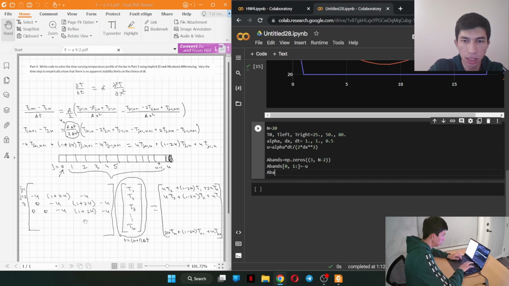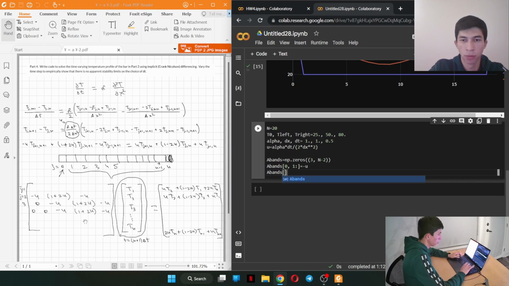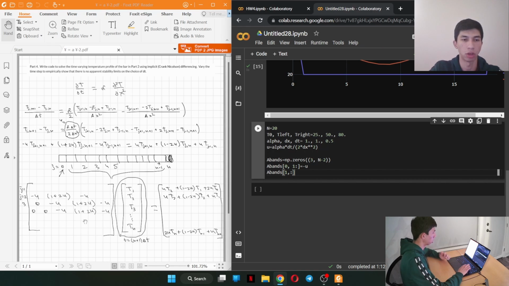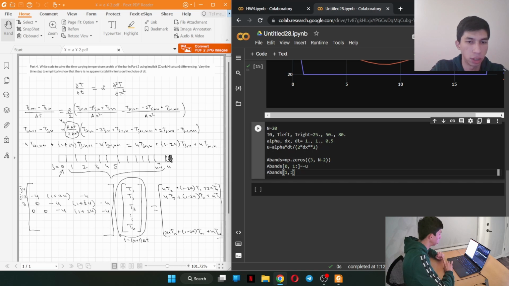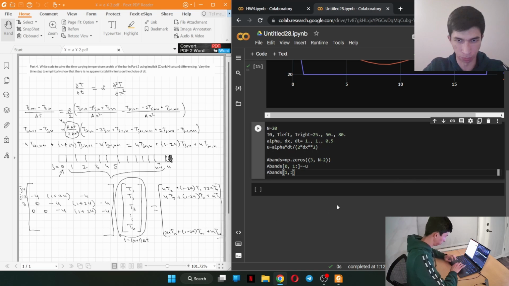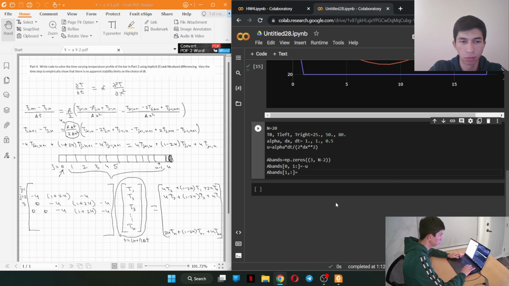And my second row, that's going to be 1 plus 2u, right? It's going to include all the values, because it's in the center. It's going to start from t1 and go until the end. That's going to be 1 plus 2 times u.